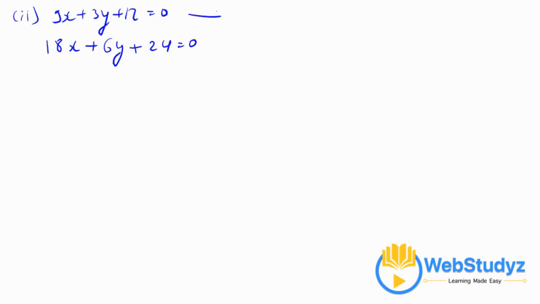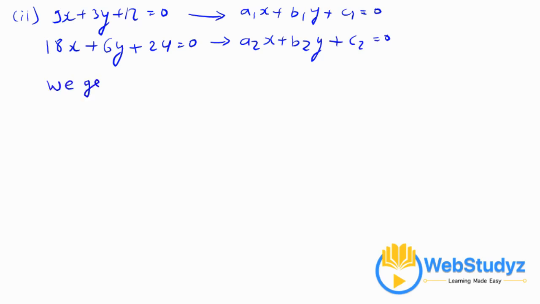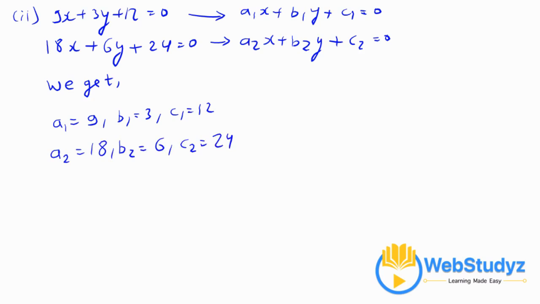So comparing these equations with a1x plus b1y plus c1 equals 0 and a2x plus b2y plus c2 equals 0, we get a1 equals 9, b1 equals 3, c1 equals 12, a2 equals 18, b2 equals 6, and c2 equals 24.